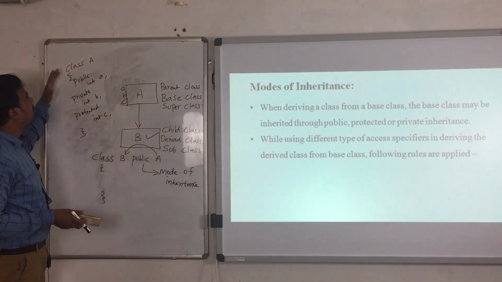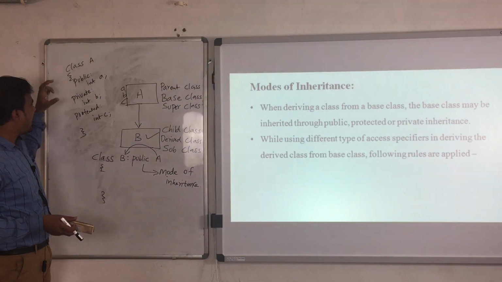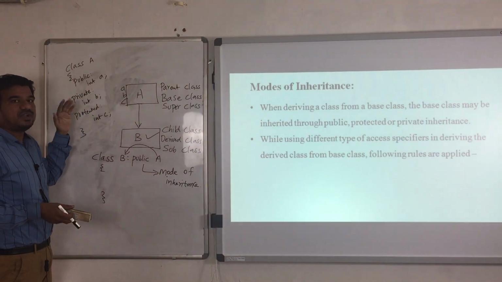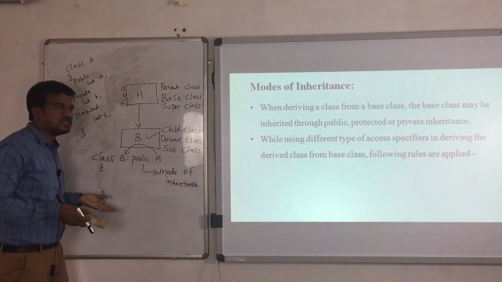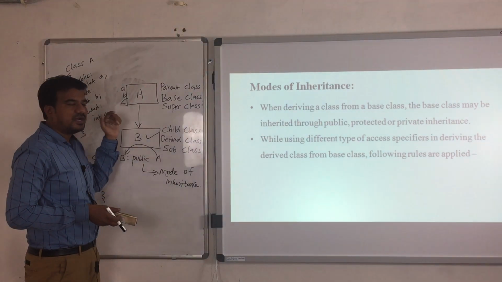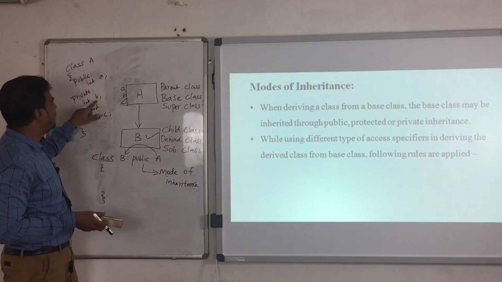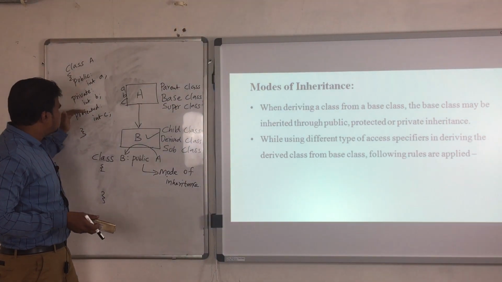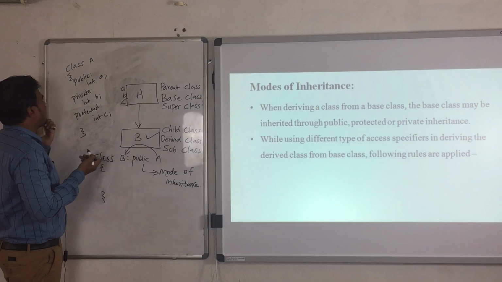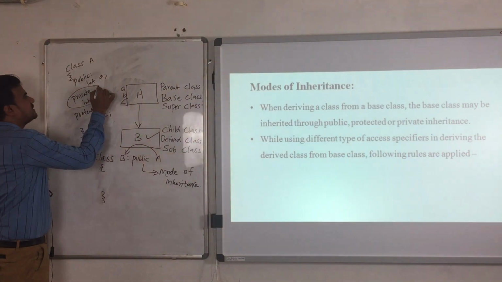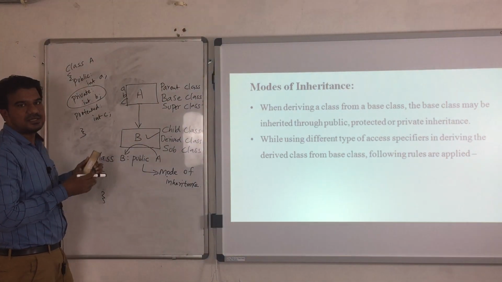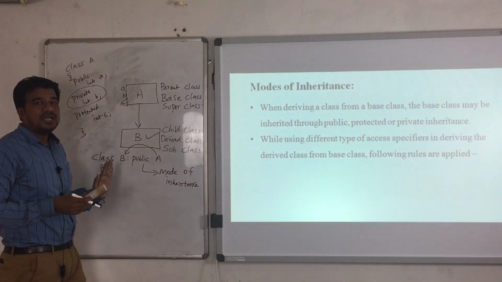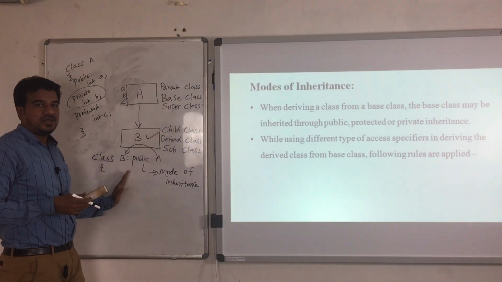Now, as you can see, inside class A I have three different types of properties, three different types of data members. Properties are nothing but your data members only. A is public, B is private, and C is protected. So all these properties except B, because it is private, will be acquired by class B, isn't it?